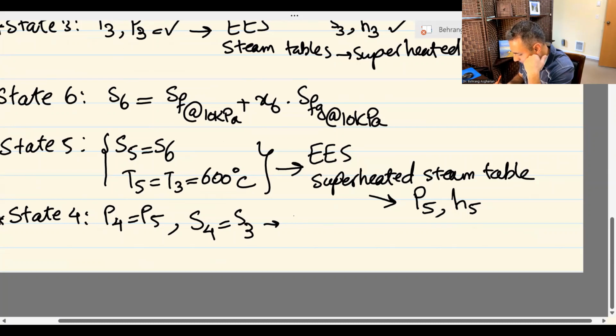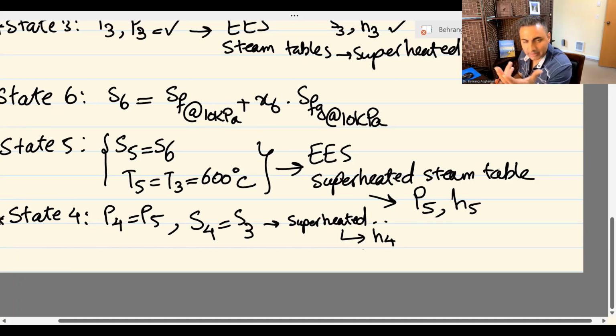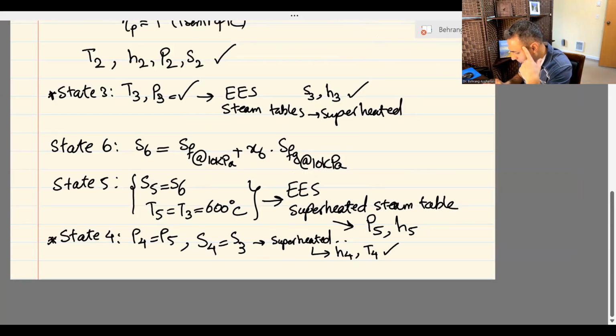I can find the value of T4, and I can just say superheated table again. You can find the value of H4, because you need enthalpy to apply the first law and find the work from the turbine. Basically, all the states are determined.